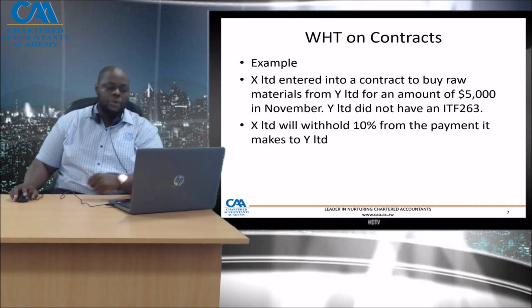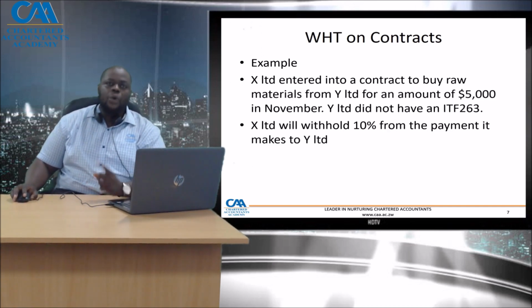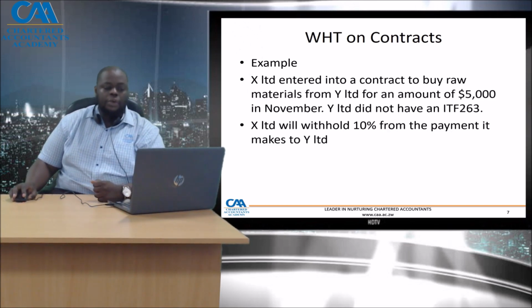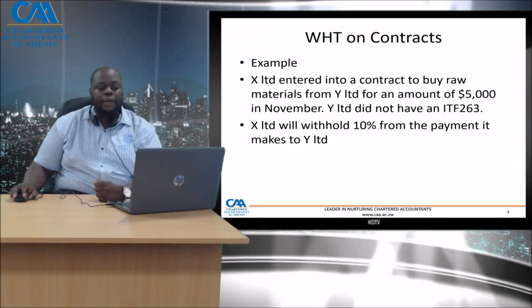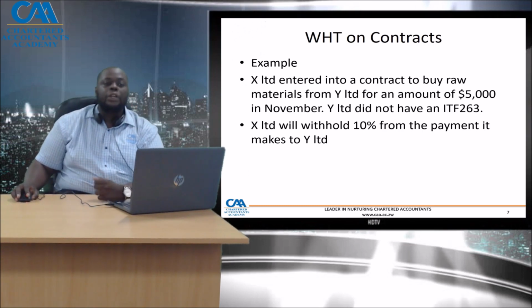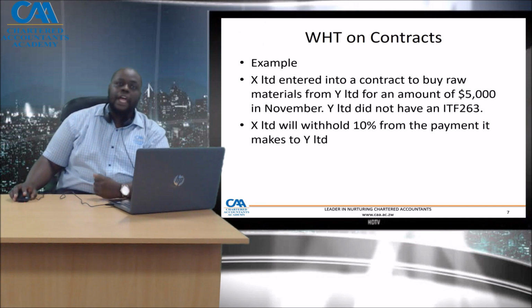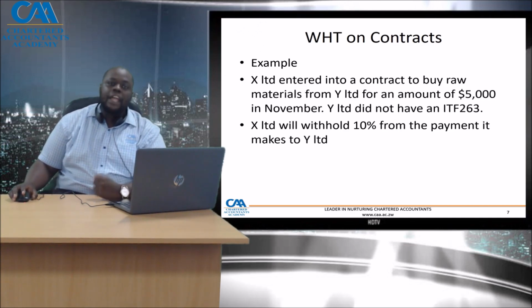However, we need to understand that what if the contract was over a period of time and X Limited was, instead of paying $5,000 in November, was paying $500 a month over the next 10 months. Would X Limited still have to withhold the tax? Well, the Act says the aggregate amount over any year of assessment has to exceed $1,000.